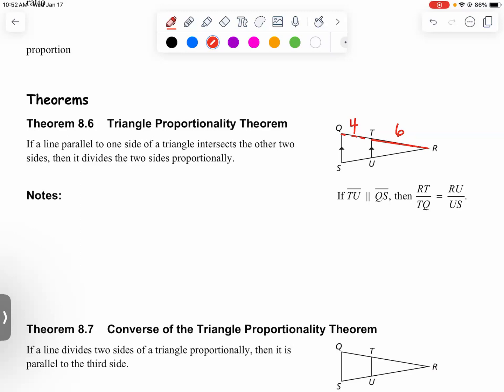If these are parallel lines, we wouldn't necessarily have to worry about that. If this was 3 and this was 2, we could say 6 over 4 is equal to 3 over 2. Is that true? That is true. So we can set up proportions by using those parallel lines that cut the triangle.